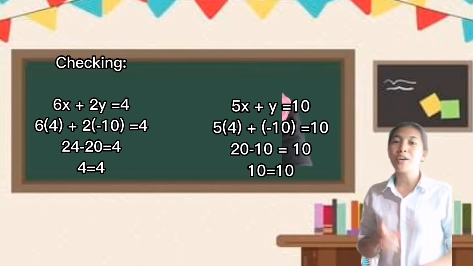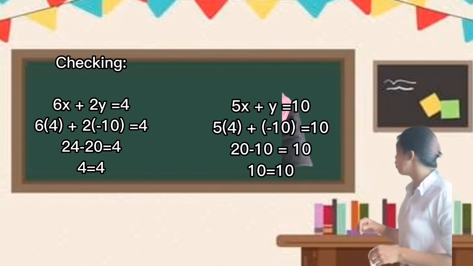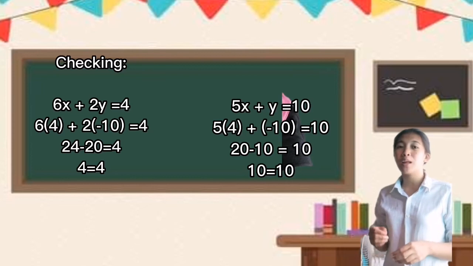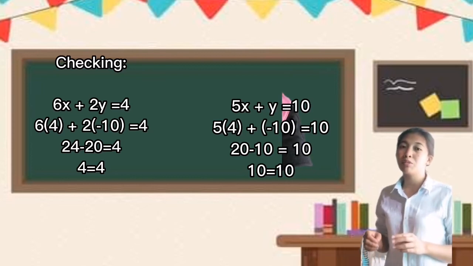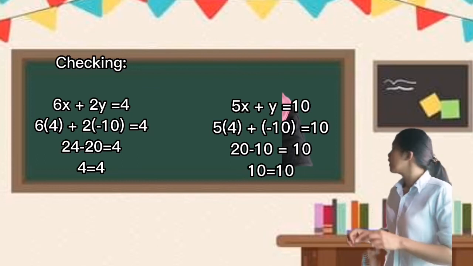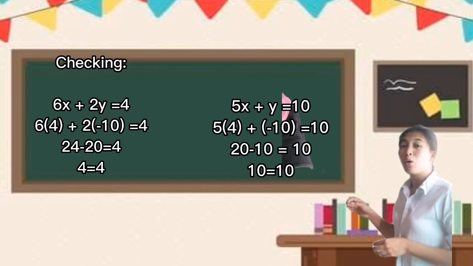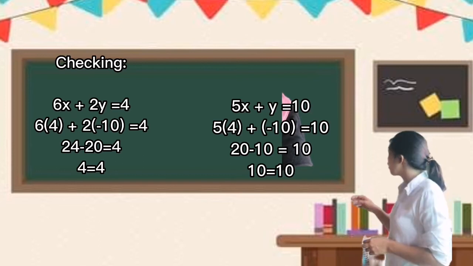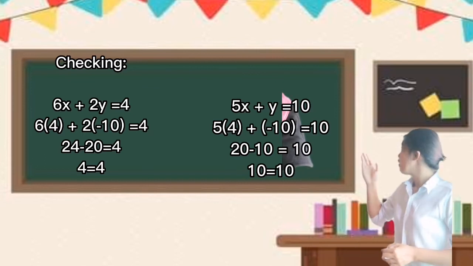So the first equation is 6x plus 2y is equal to 4. The ordered pair is 4 and negative 10. So we need to substitute the x and the y. So 6 times 4 plus 2 times negative 10 is equal to 4.